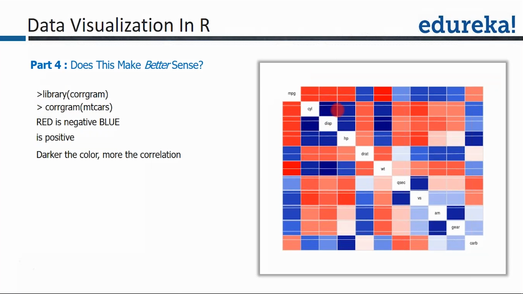So I know for a fact that this dark blue means there's a stronger correlation between cylinder and displacement in comparison to this blue here. What is this light blue here explaining? It is explaining the relationship between DRAT and QSEC, whatever those variables mean, right? That's the relationship.